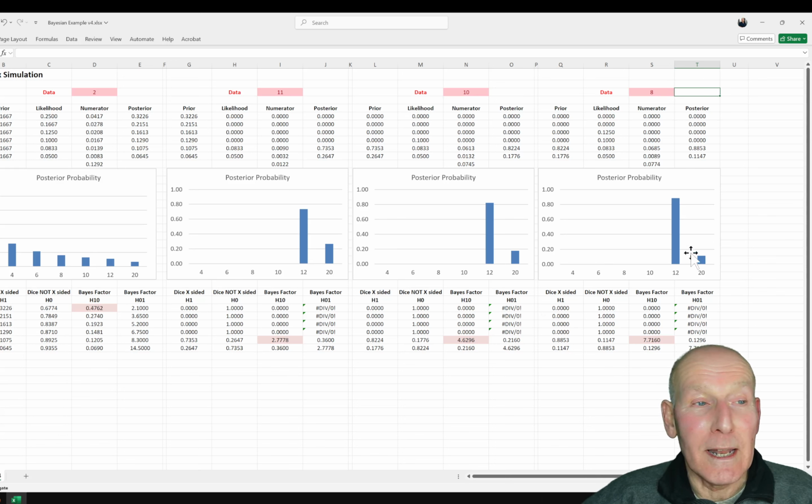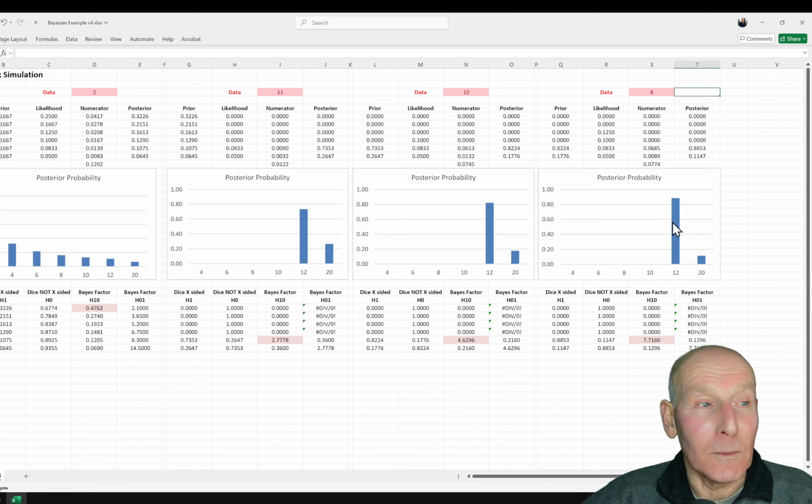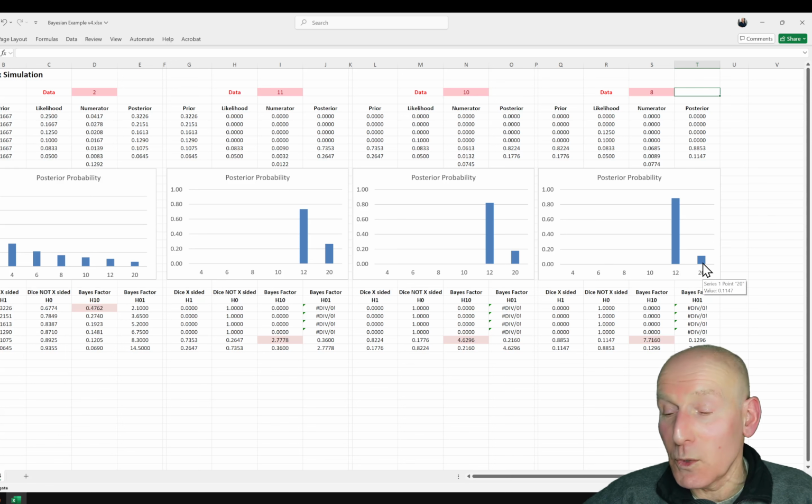So you can see now we have a very high probability, in other words an 88% chance, that it's a 12-sided dice, and about a 12% chance that it is a 20-sided dice.